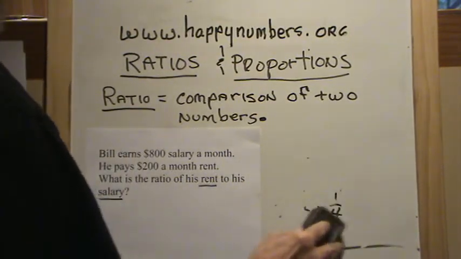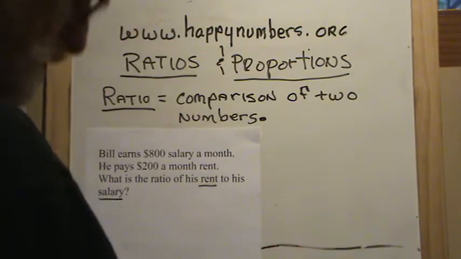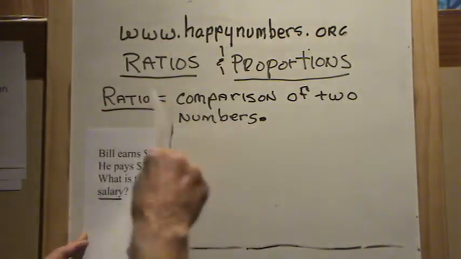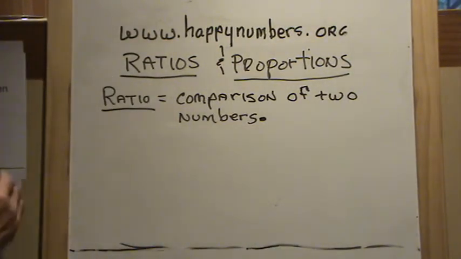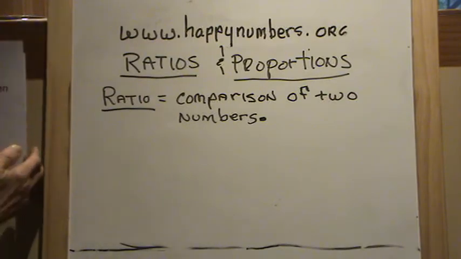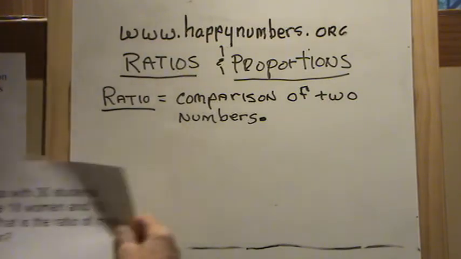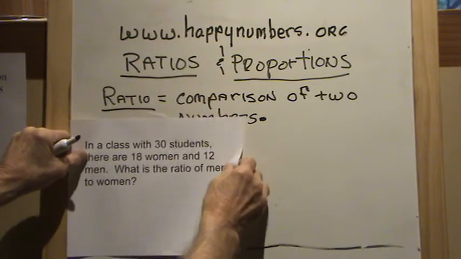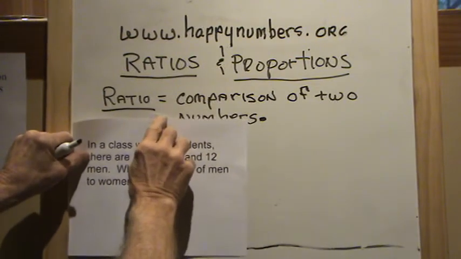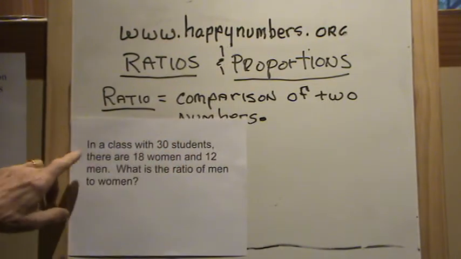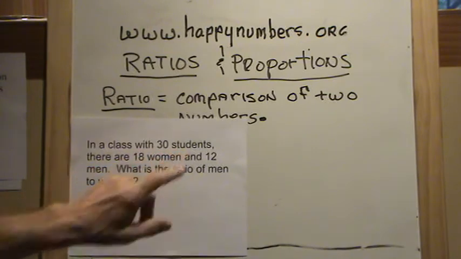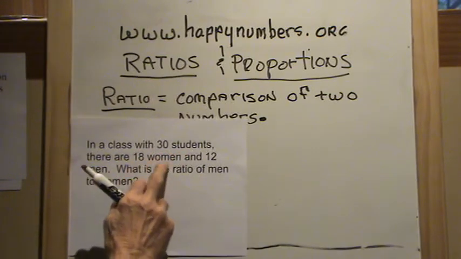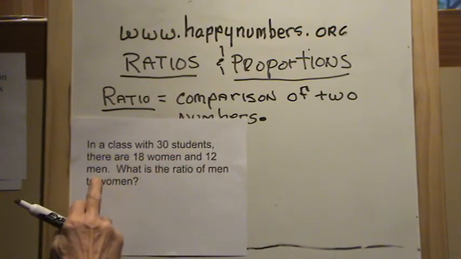Let's take a look at another one. See what we get. In a class with 30 students, there are 18 women and 12 men.